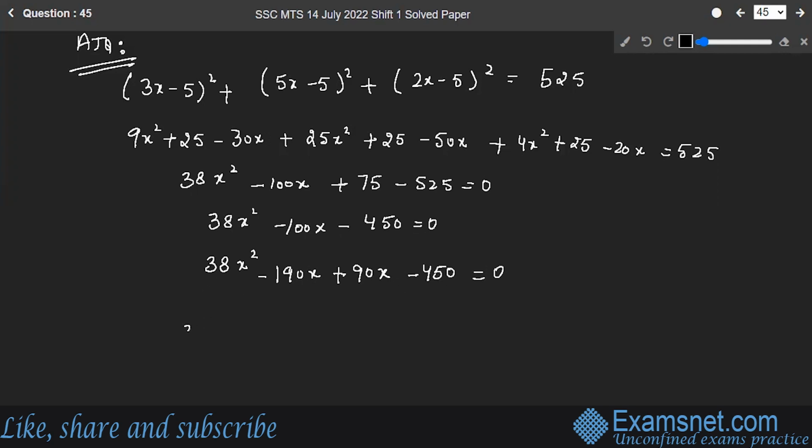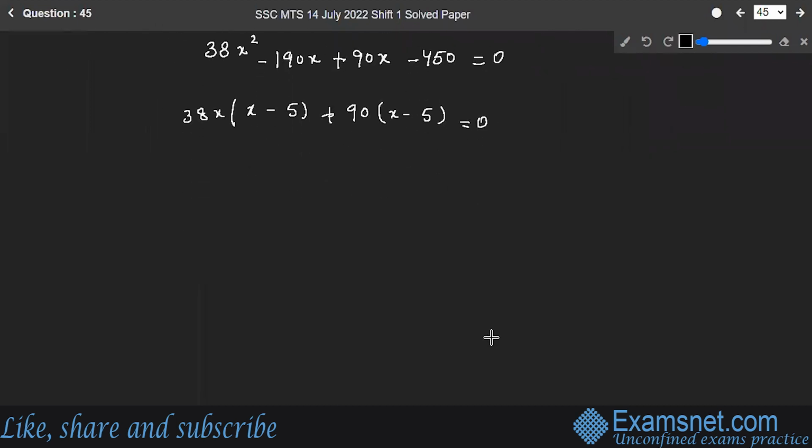Let's find out the common term. So 38x(x minus 5) plus 90(x minus 5) is equal to 0. So from here, you will get the value of x as either 5 or minus 90 upon 38. Okay, so the x value can't be negative.